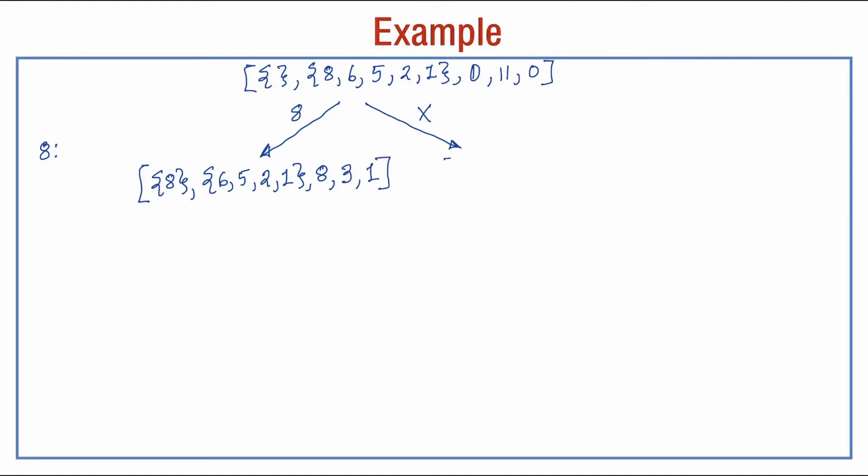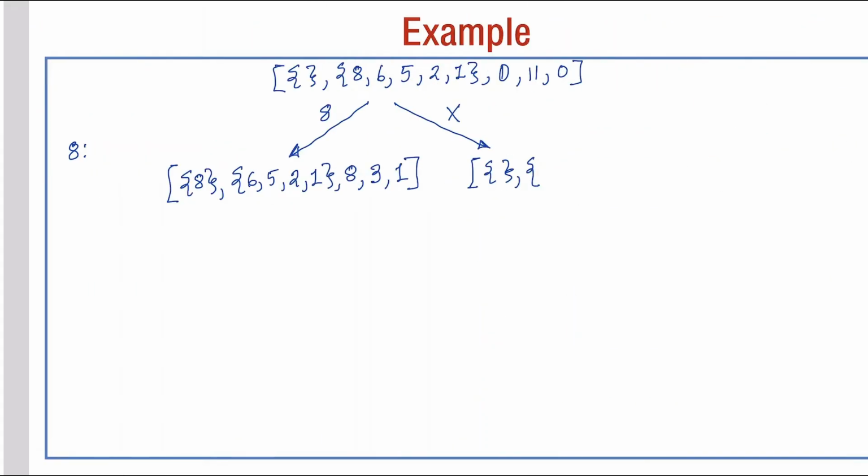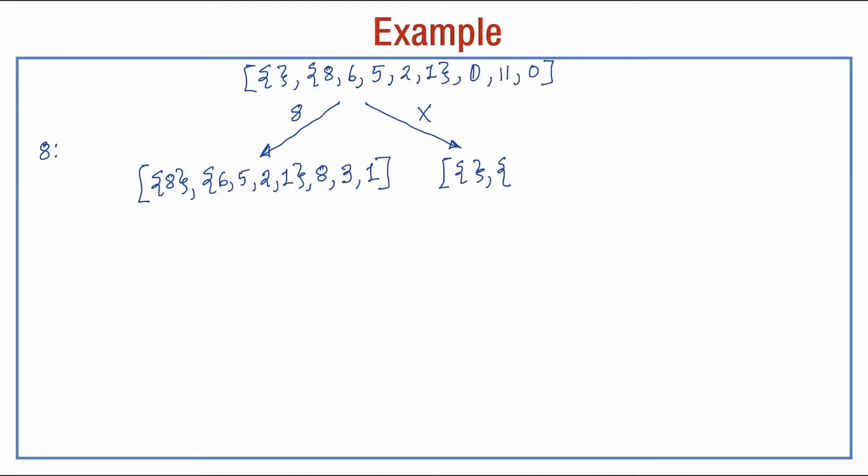If 8 is not taken, then this remains null. Again 8 is removed here, as you can see, because 8 is no longer going to be considered at the next level. So this again becomes 6, 5, 2, 1, but this is 0, this is 11, and this is 0.